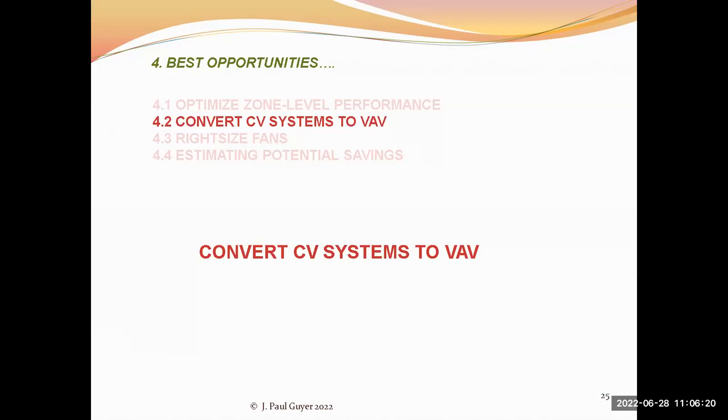And so now with digital controls, the quantity of air that is desired, if you will, in each zone throughout the floor or throughout the building is monitored and controlled by the digital control system.